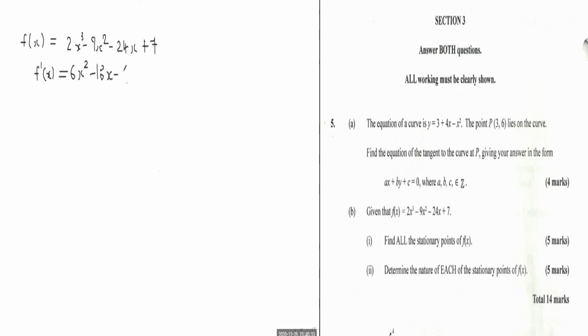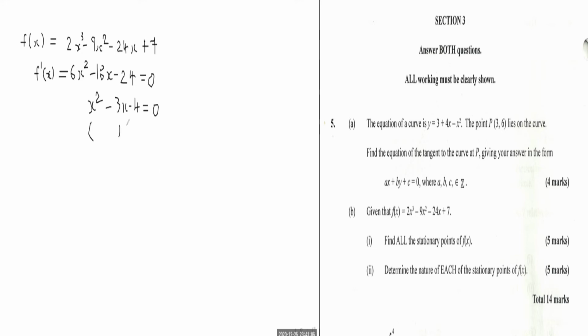That's f prime of x, 6x squared minus 18x minus 24. But at a stationary point, the derivative is equal to 0. So we set the derivative equal to 0. We can then divide through by 6 to get x squared minus 3x minus 4 is equal to 0.